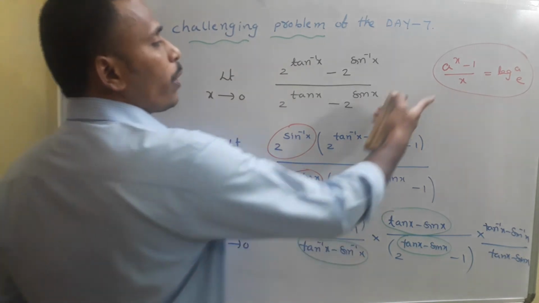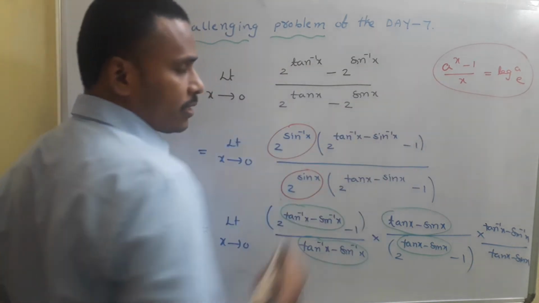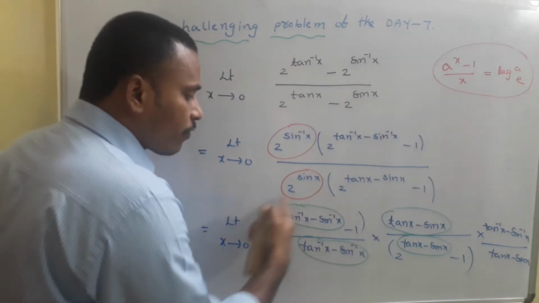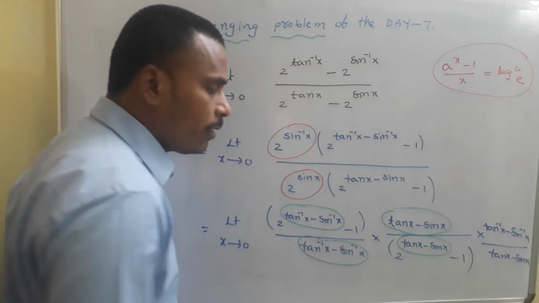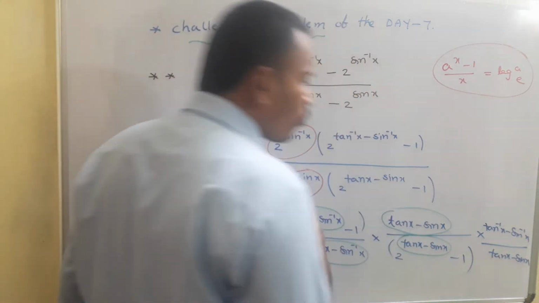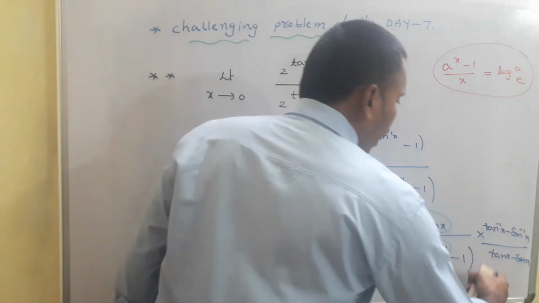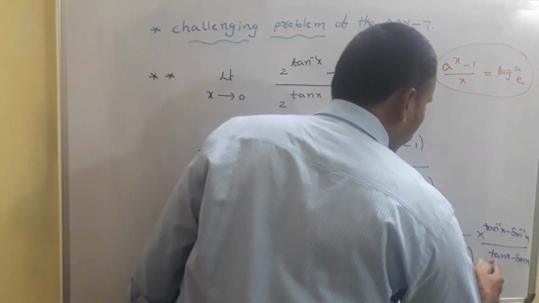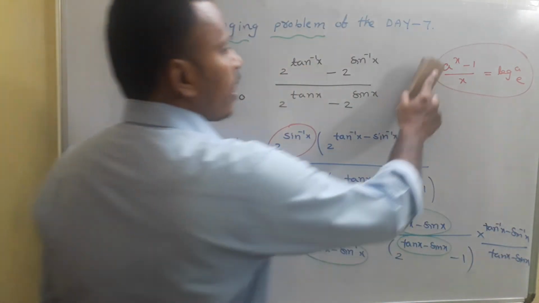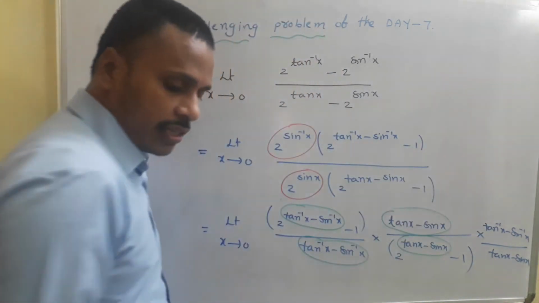When you use this standard formula of limit, the answer for the first term is log 2 to the base e, and the answer for the second term is 1 by log 2 to the base e, and we are left with tan inverse x minus sin inverse x by tan x minus sin x. I am just rewriting for you. See, just have a look.